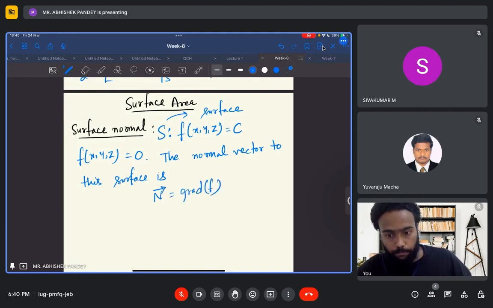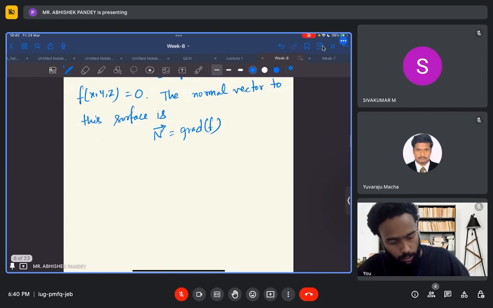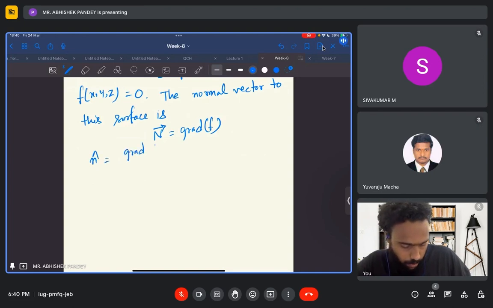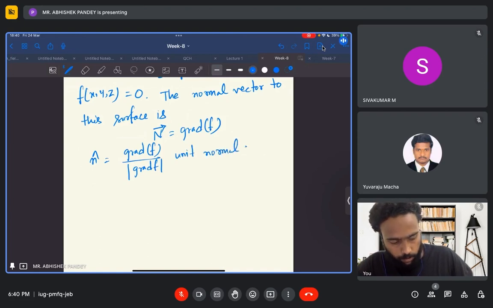Okay, and so the unit normal vector, let us denote it by n cap, it is easy to see that it will be, you just take the modulus, the norm of this one, so this will be the unit normal vector.